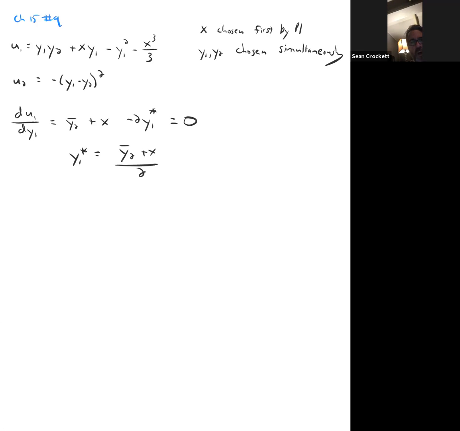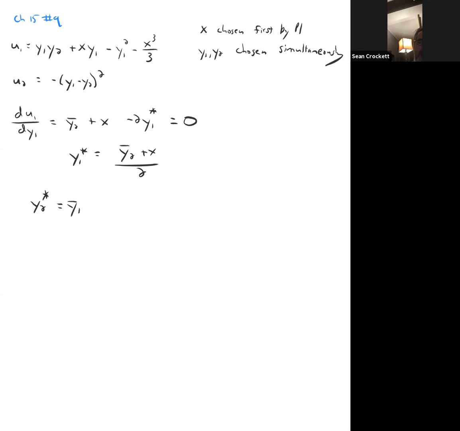And it's clear from the utility function of player 2 that y2 star equals y1 bar. We don't even have to do calculus on that if you don't want to, because the biggest that the utility function for player 2 can possibly be is when y2 equals y1. Otherwise, it's going to be negative, and it equals 0 when y2 equals y1.